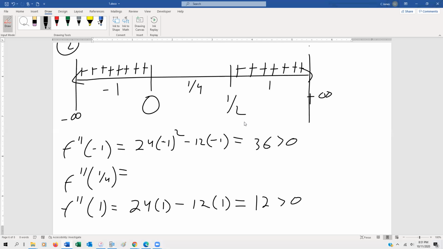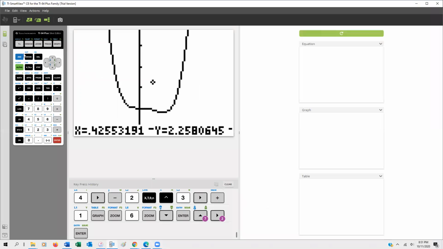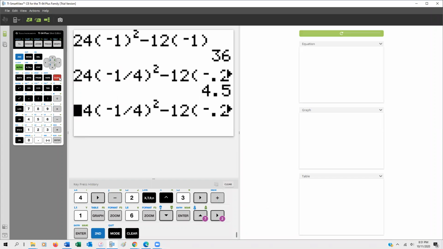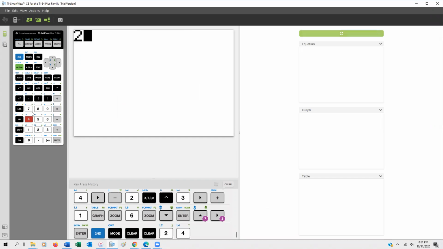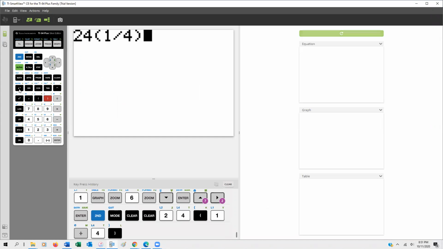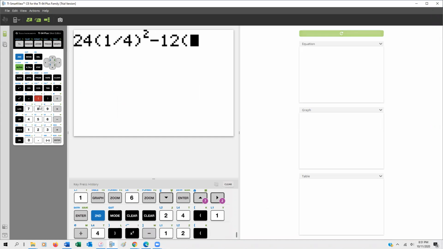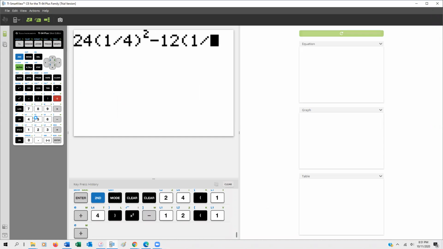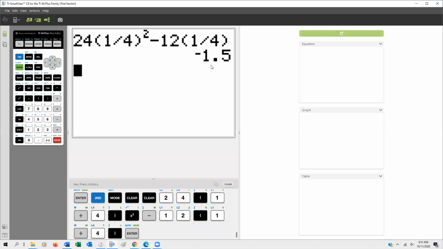We would initially suspect that we're going to get a negative here. Let's plug it into our calculator and see what happens. We get 24 times 1/4 squared minus 12 times 1/4, and that gives us negative 1.5.